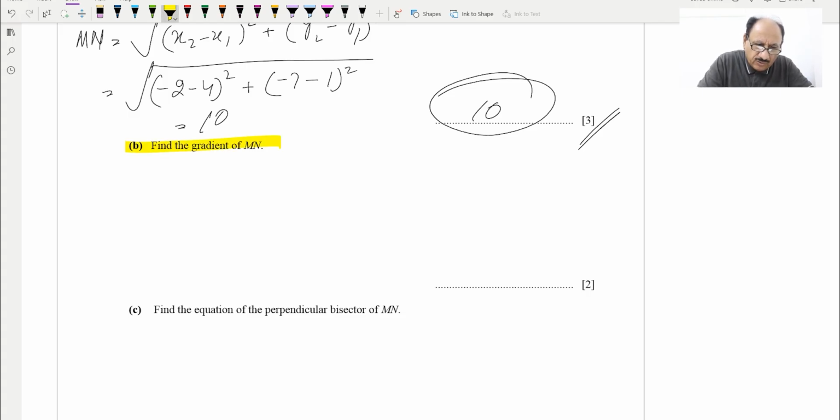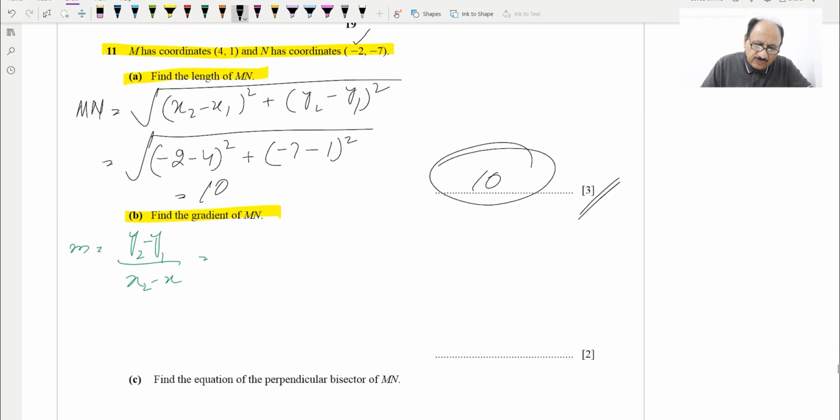So gradient will be what? The gradient formula we know, m is equal to rise over run, or we can write y2 minus y1 over x2 minus x1. Now we can replace the values. Minus 7 is y2 and minus 1 is y1, over x2 minus x1, and this will be minus 8 over minus 6.